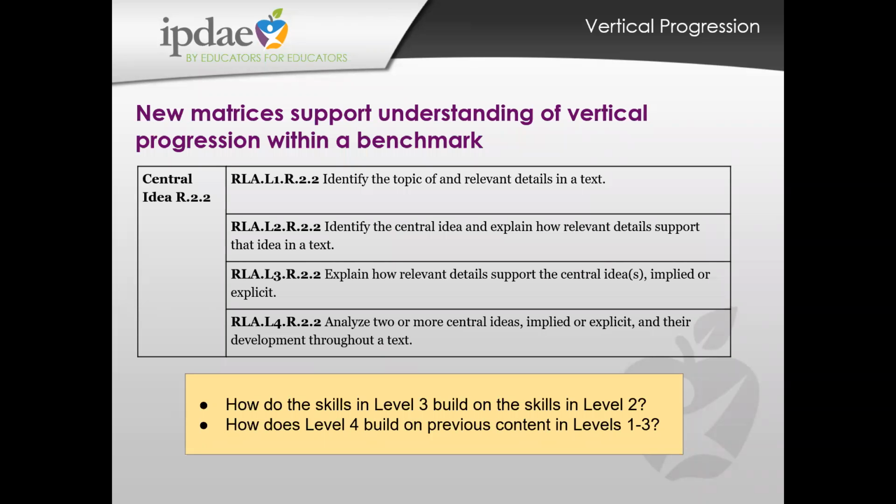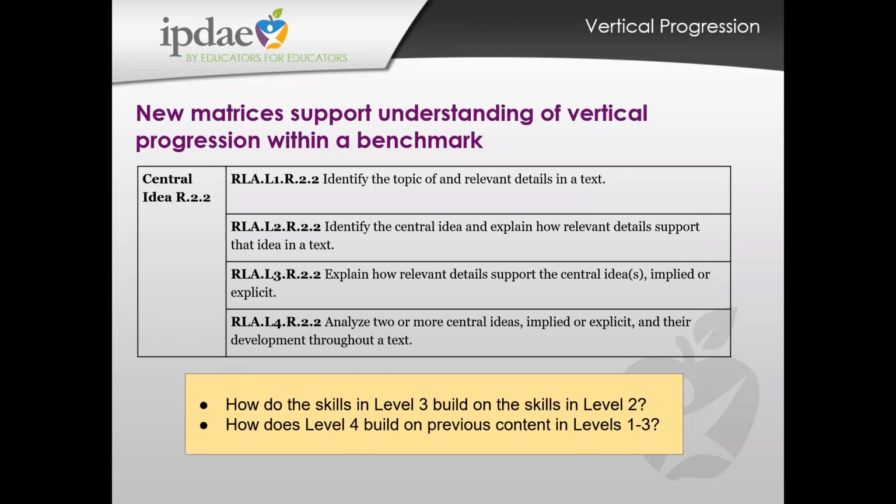So take about 60 seconds or so, silent and solo, to read through levels 1 through 4 of the central idea benchmark that I just zoomed in on here. I'd love for you to reflect on what you notice about the vertical progression.